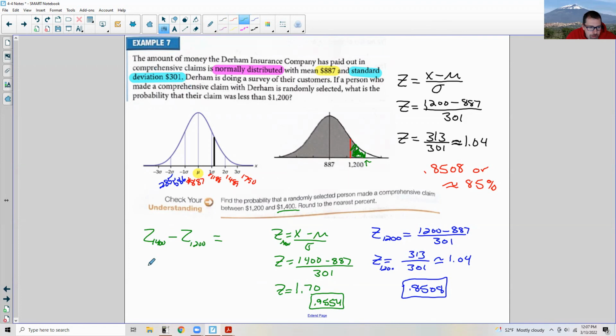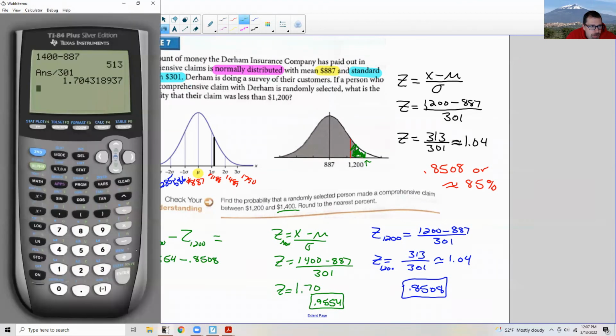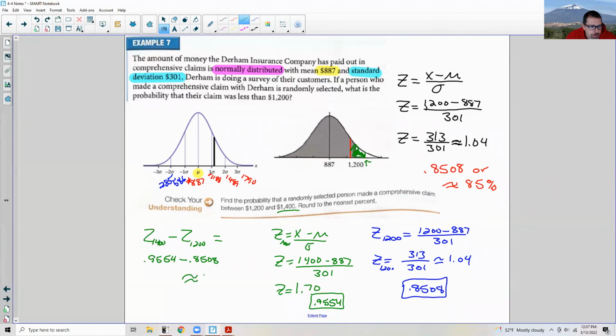So the Z1400 score is 0.9554 minus 0.8508. Enter. And I got approximately 10.46%, or roughly 10%. Okay, so that's how much would be in between those two.